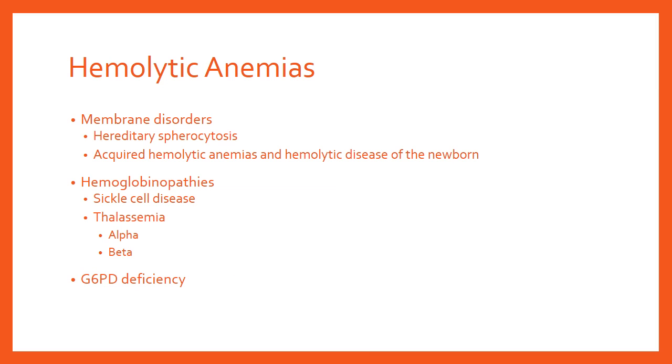Hemolytic anemias are membrane disorders, and one of them is hereditary spherocytosis, and acquired hemolytic anemias can be something like a drug that may cause hemolysis, and hemolytic disease of the newborn.